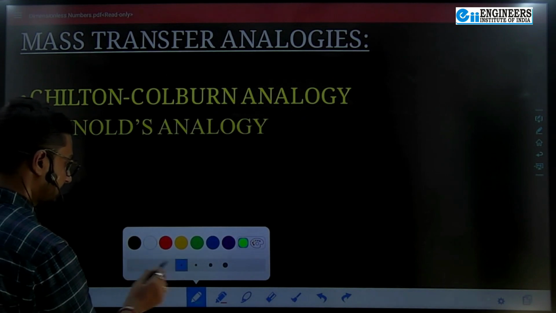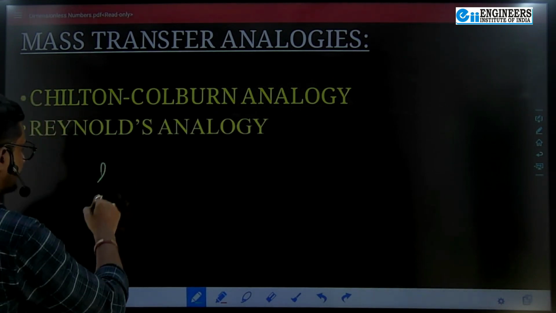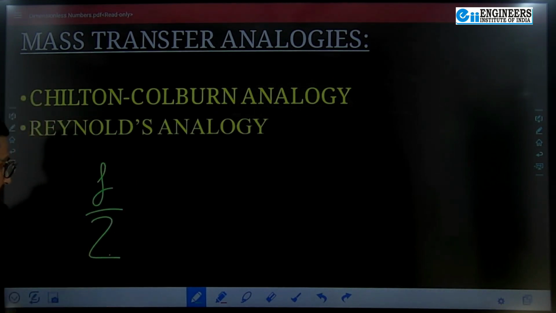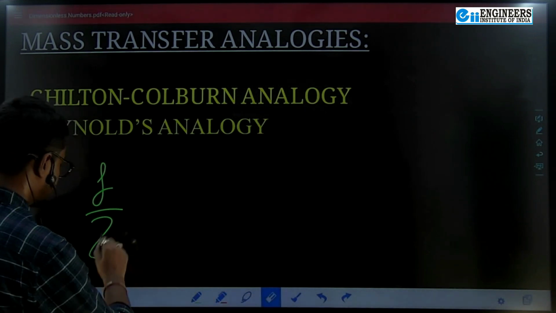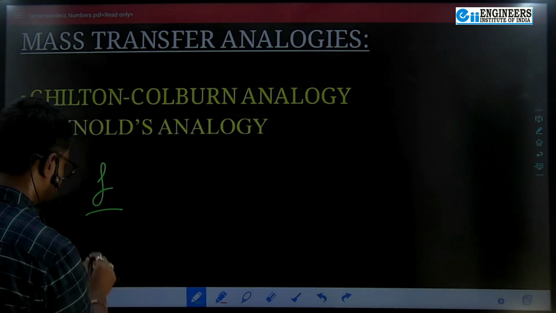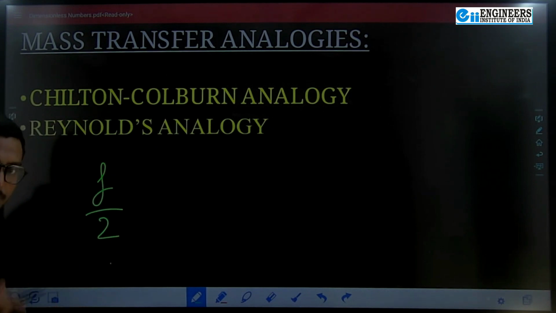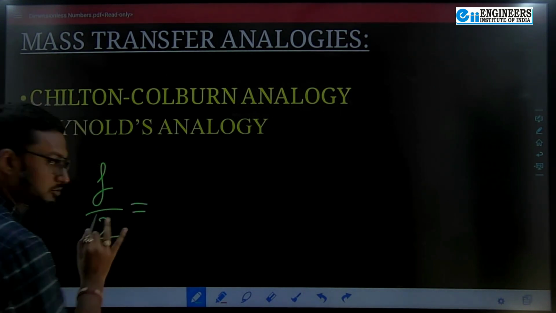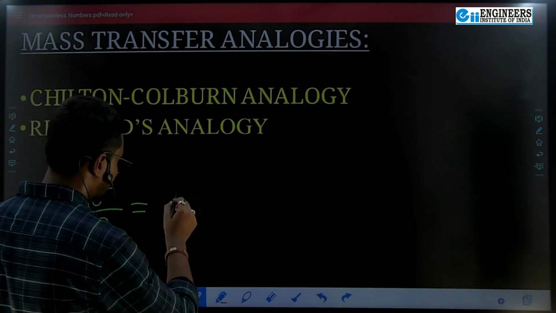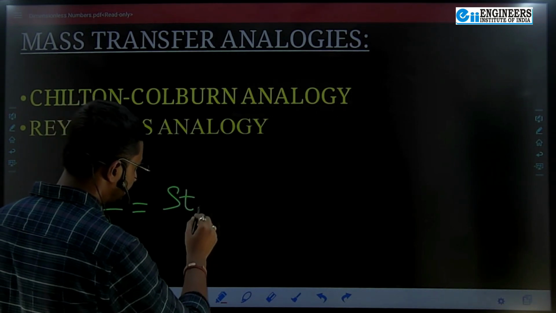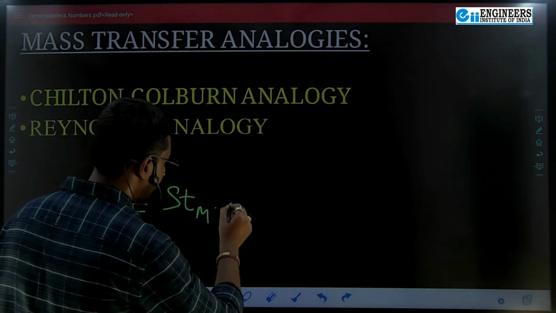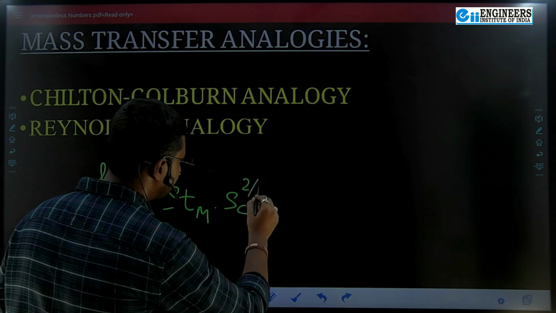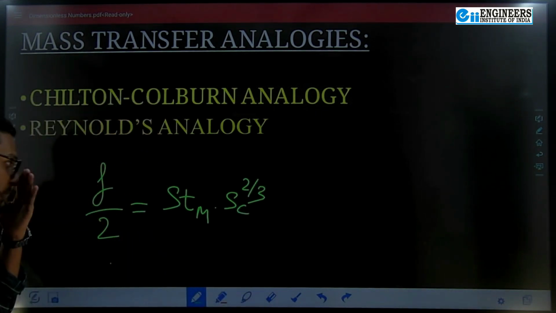In general, the Chilton-Colburn analogy says that, suppose this is the Fanning friction factor F, then F divided by 2 will be equal to the Stanton number of mass transfer times Sc, the Schmidt number, to the power 2 by 3.